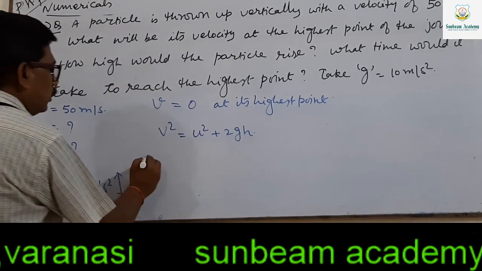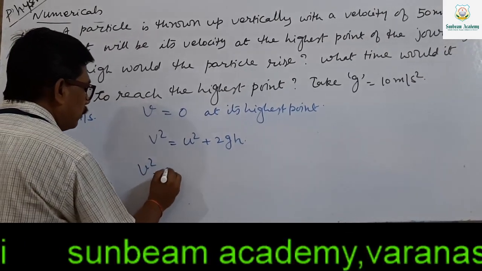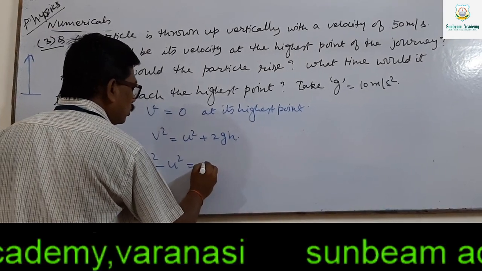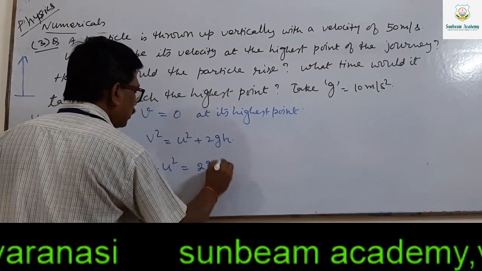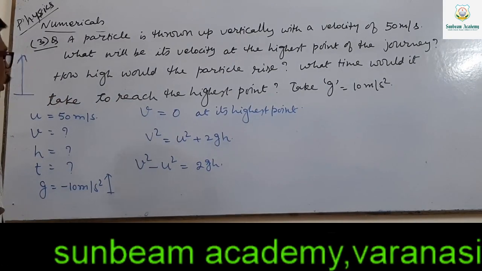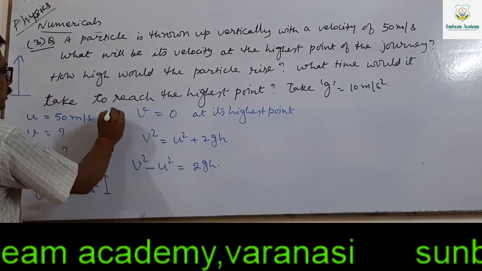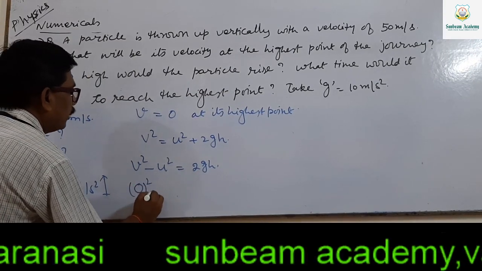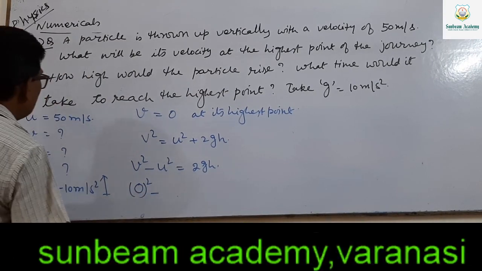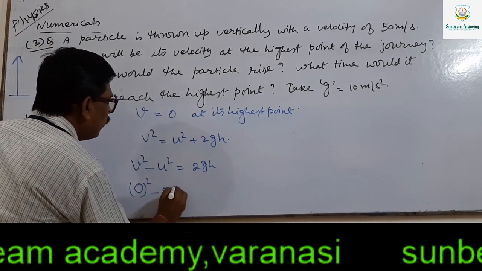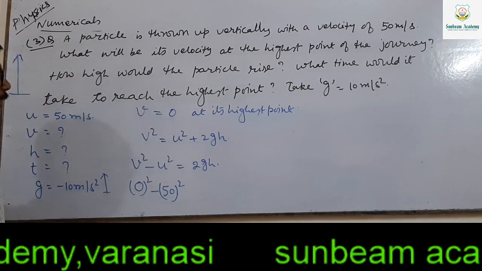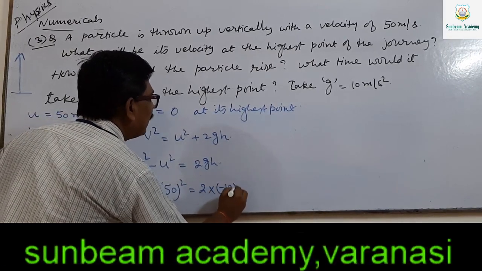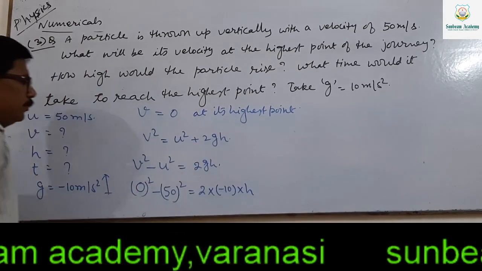Or you can write it this way also, v square minus u square is equal to 2gh. The value of v is 0 square minus the value of u is 50 square and 2 into minus 10 into h.